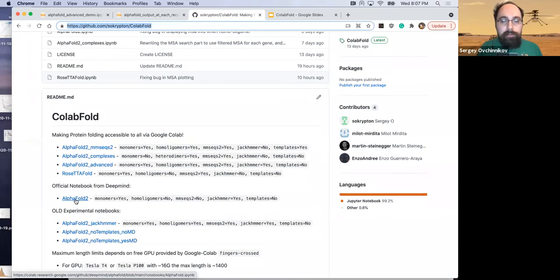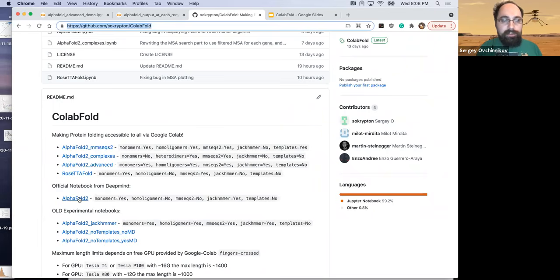First off, DeepMind did release their own Google Colab notebook. The disadvantage is that it doesn't do any kind of complex assembly. It only works with monomers. It doesn't have any of the experimental stuff that I described today, and it doesn't have the ability to change the recycles. It only returns a single model, and it runs only with jackhmmer as the alignment search method.